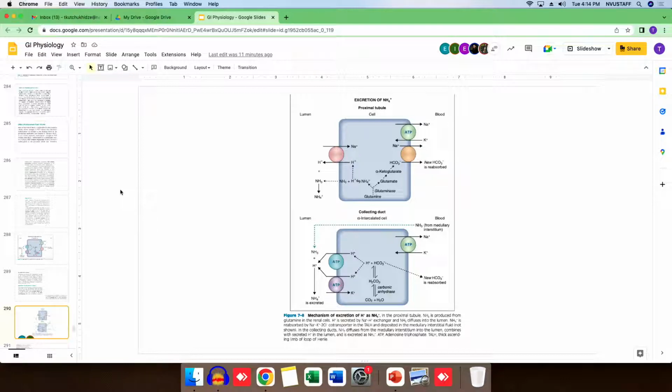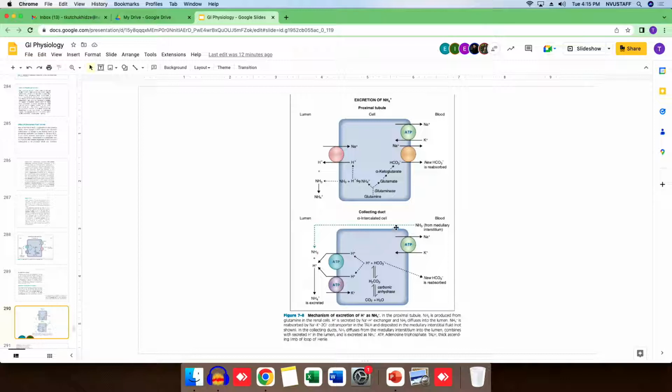And then we have the alpha intercalated cells of the collecting ducts, where it should be secreted. The idea here is that it is secreted mostly from the blood, and we have the normal situation of cell breathing, right? When we have cell breathing, the protons go out with ATP and also with the potassium proton pump.